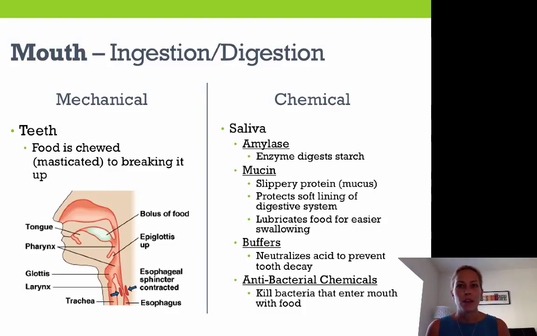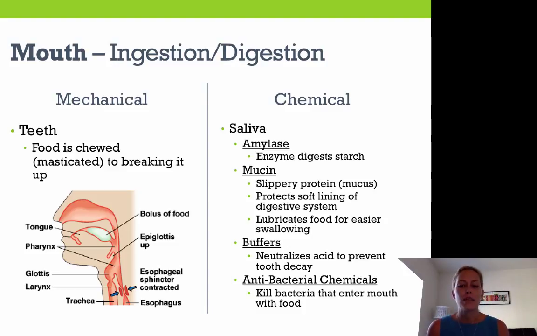If you think about the Coke that you drink or orange juice, those have citric acid in them. And so there are buffers in order to neutralize that acid and prevent your teeth from rotting away so that you can actually help digestion by being able to mechanically break that stuff down.